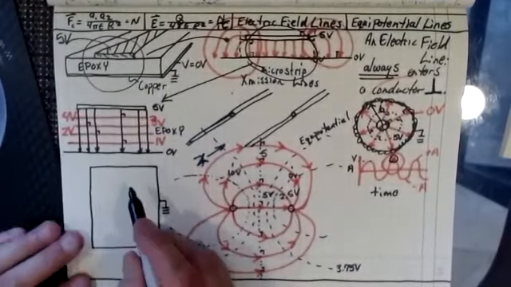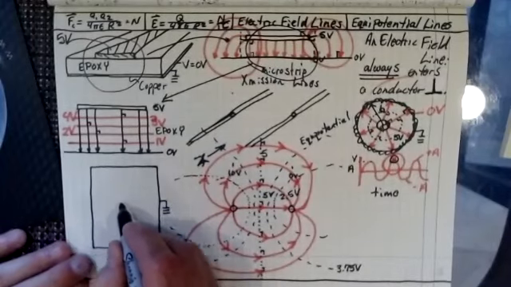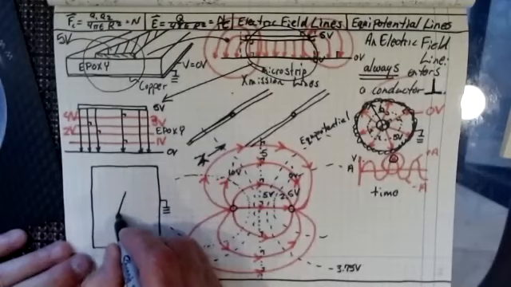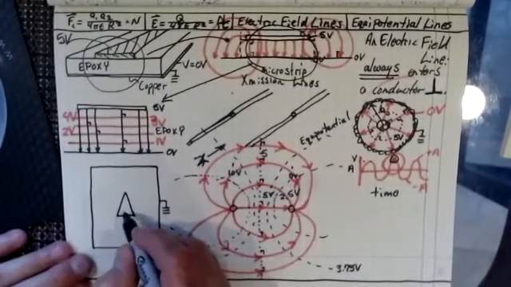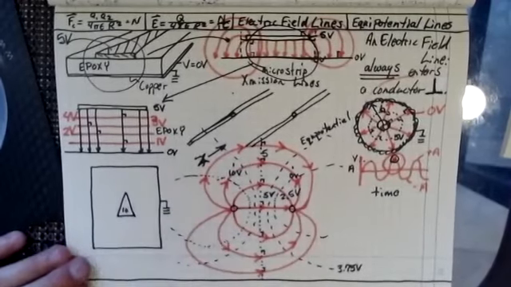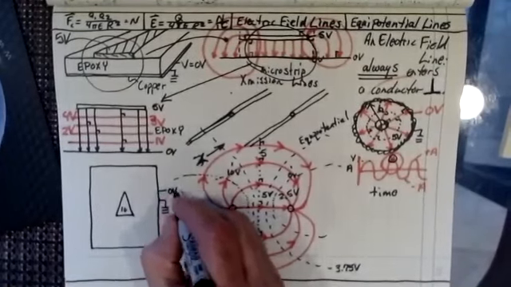And then inside the box, I had a triangular area, and that was my signal. And let's say that was 10 volts, right? So 10 volts there, 0 volts here.